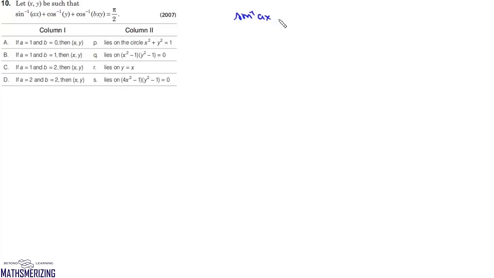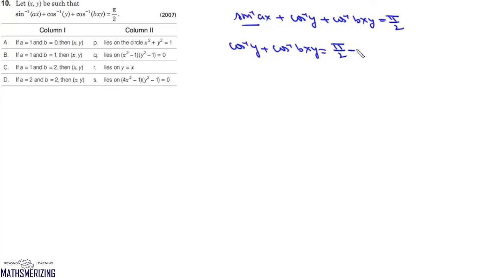And it says if sin inverse AX plus cos inverse Y plus cos inverse BXY equals pi by 2, then for different values of A and B, which of the following options match. So we'll take the sin inverse AX on the right. We can write cos inverse Y plus cos inverse BXY, and it'll be pi by 2 minus sin inverse AX.